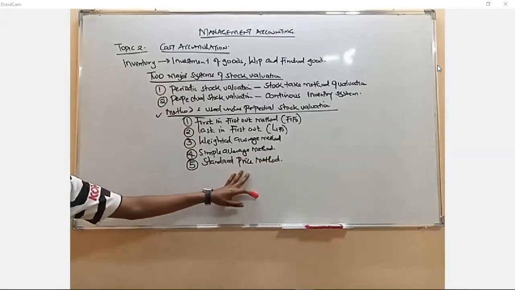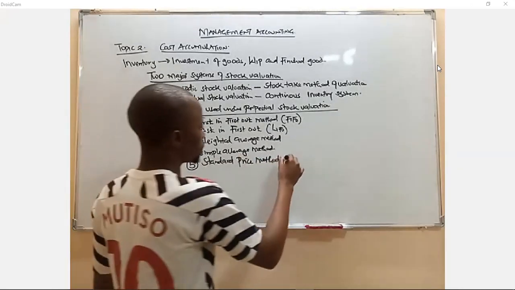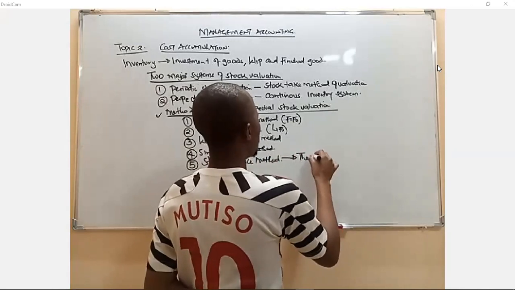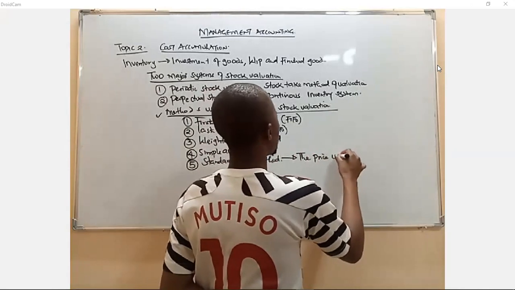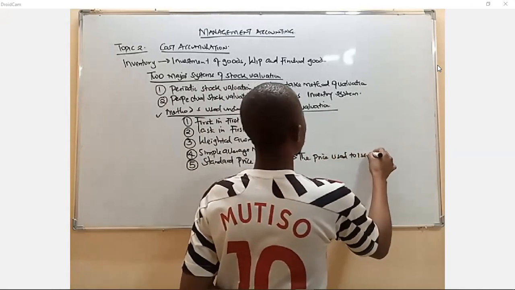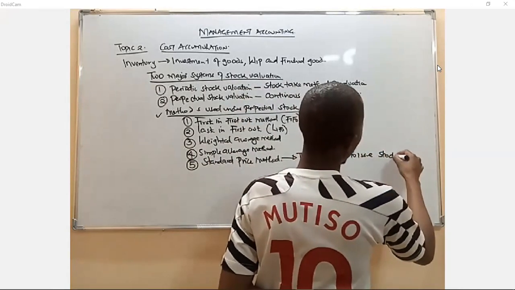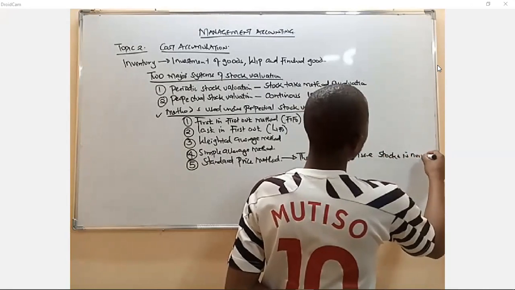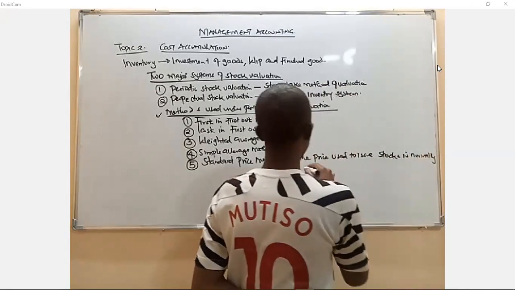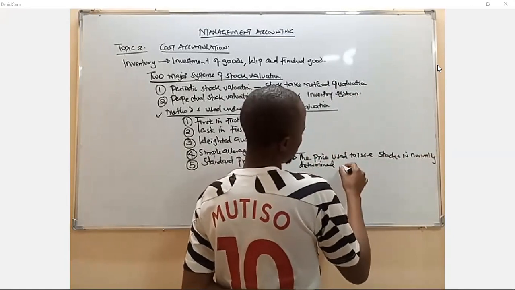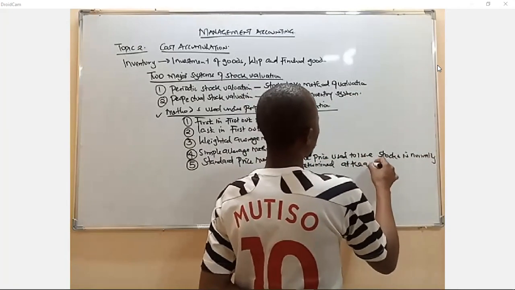It is the price at which you are going to be selling the commodities, the price used to issue stocks, and it is normally determined at the beginning of the accounting period.